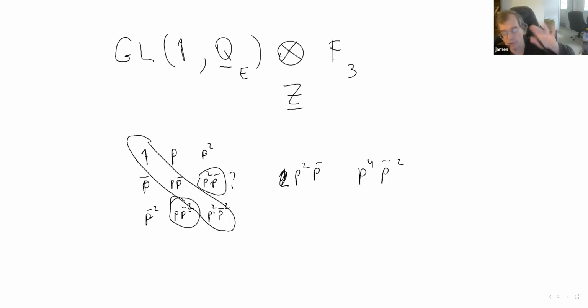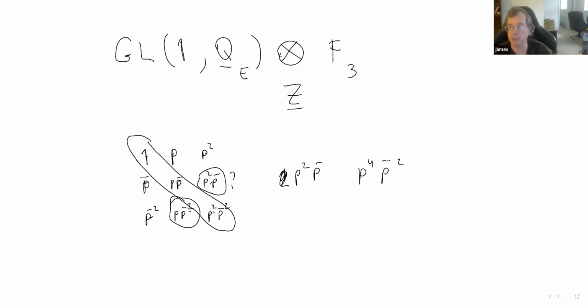Whereas for the splitting patterns, it's less clear how to combine two splitting patterns to get a new one. But it is clear how to multiply, or add, depending on whether you're thinking multiplicatively or additively, two Frobenius patterns.